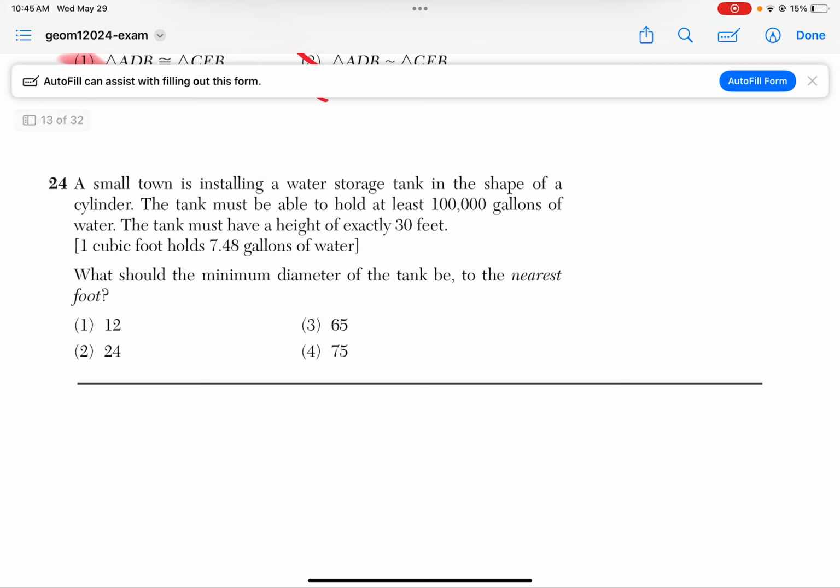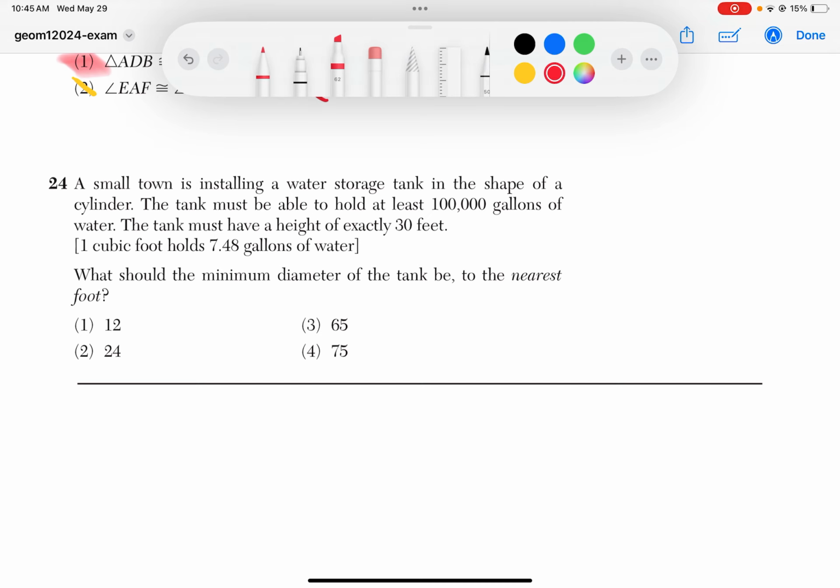Number 24, we have a last one. We have a small town installing a water storage tank in the shape of a cylinder. The tank must be able to hold at least 100,000 gallons of water, and the tank must have a height of exactly 30 feet. So, cylinder.